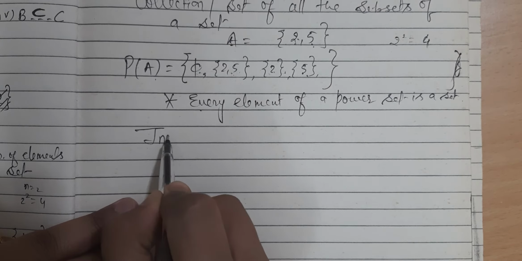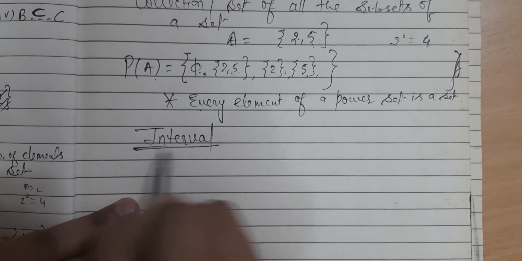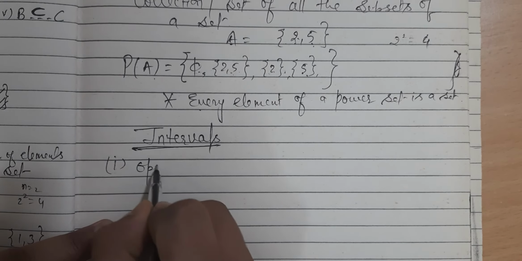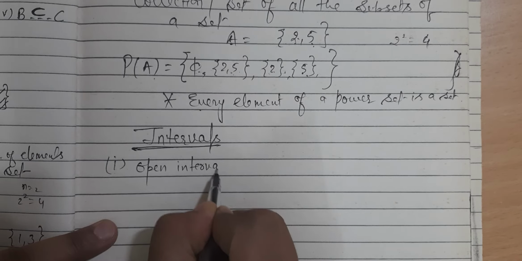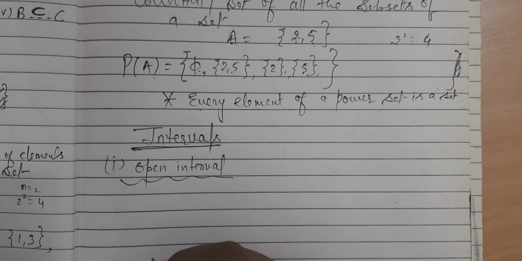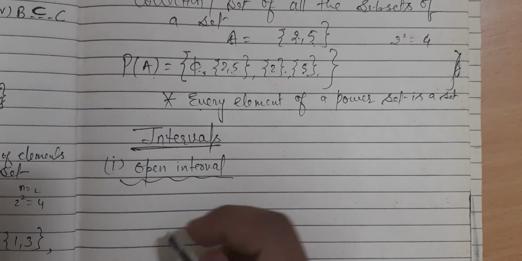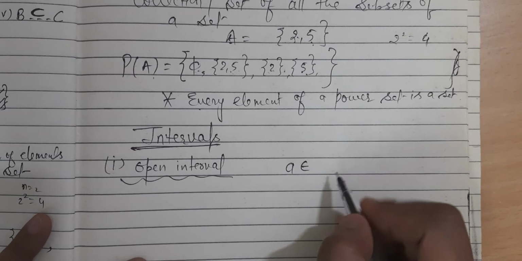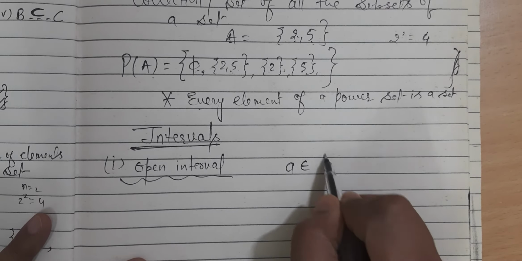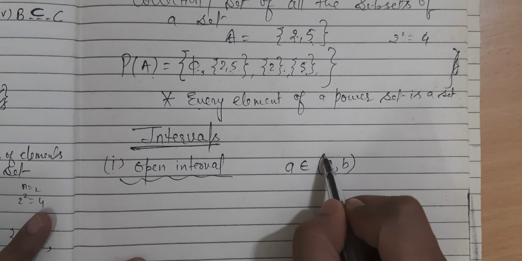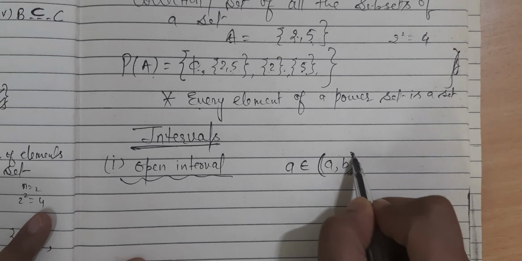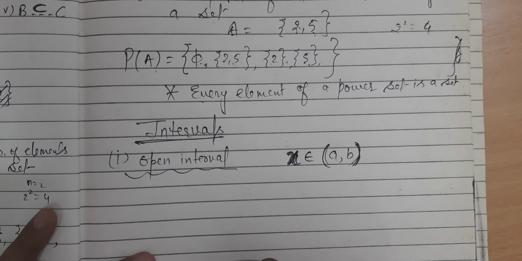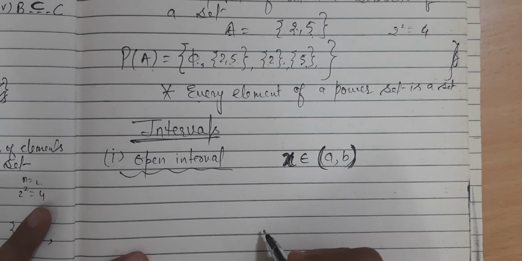Now next is intervals. We'll discuss different intervals. First comes the open interval. If I say x belongs to (A, B), then this bracket is called an open interval.